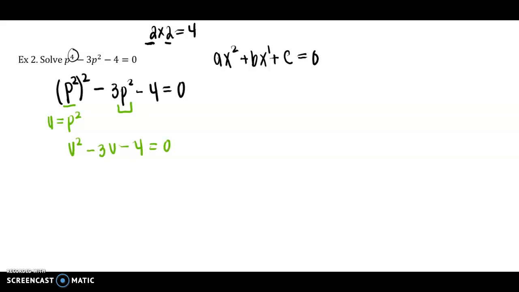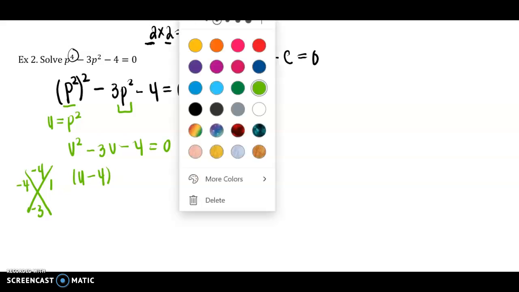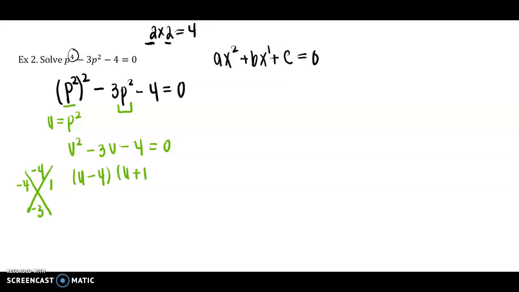You could either try to factor that or use the quadratic formula. Again, I always like to try to factor first. So negative 4 and 1. Yep, that works. So u minus 4 times u plus 1 equals 0. So add 4, minus 1, so u equals 4, u equals negative 1.